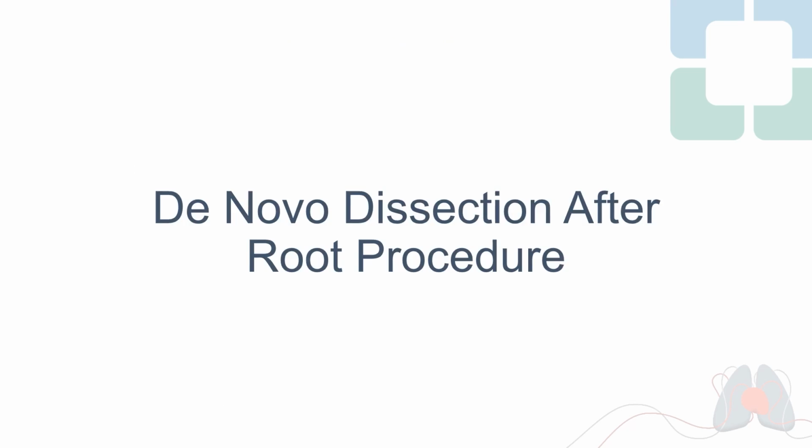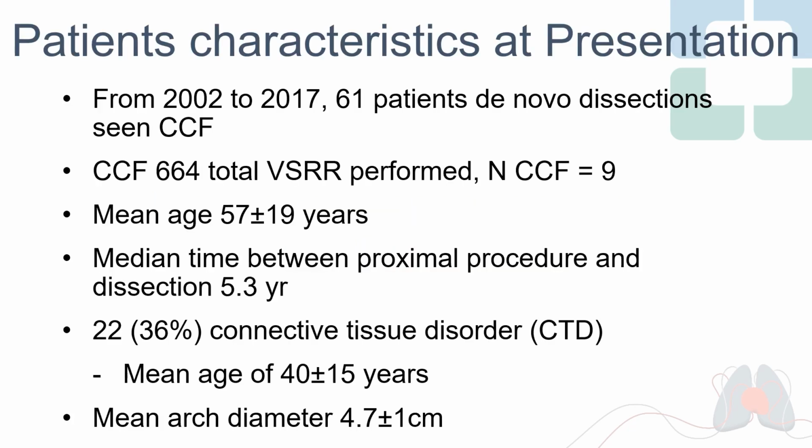So what about the risk of later aortic dissection in patients who've had root procedures? We looked at our patients for this risk. So we had 61 patients who developed aortic dissection after having had a root procedure. We had done 664 valve-preserving procedures, and 9 of them had developed aortic dissection over time.